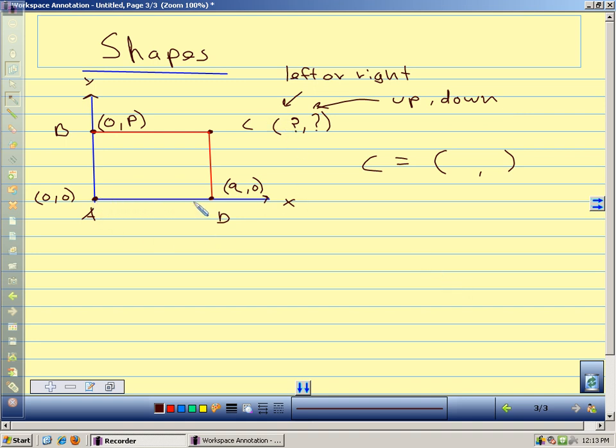How far to the right is point D on my graph? What does this tell us? We've moved over Q. This tells us that we've moved over to the right Q spaces. I forgot to write that ABCD is a rectangle.